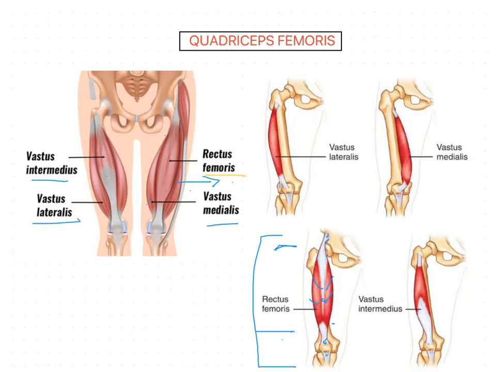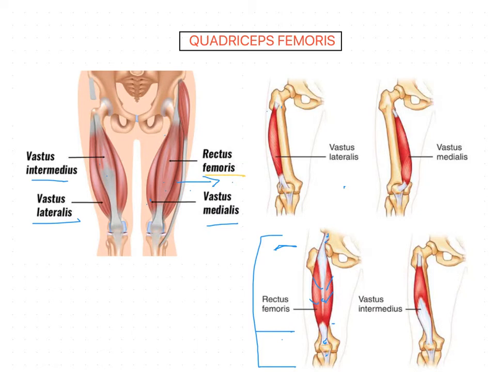The vastus lateralis origin. Out of all these four, this forms the large part of the quadriceps femoris, and it is originating from the upper part of the intertrochanteric line and anterior and inferior borders of the greater trochanter, and the lateral lip of the gluteal tuberosity, and the upper half of the lateral lip of the linea aspera.